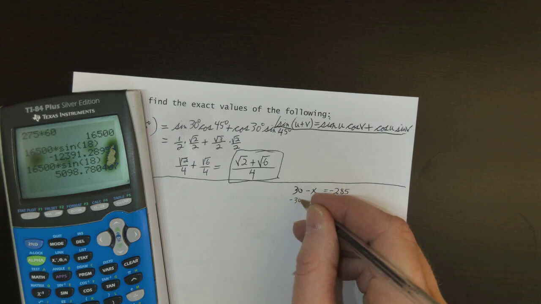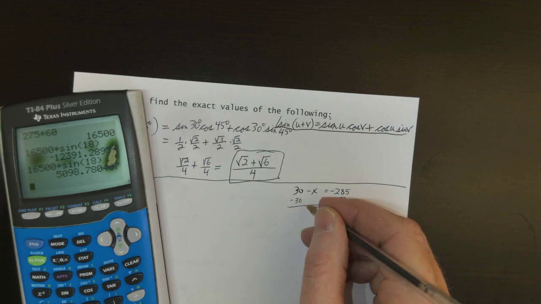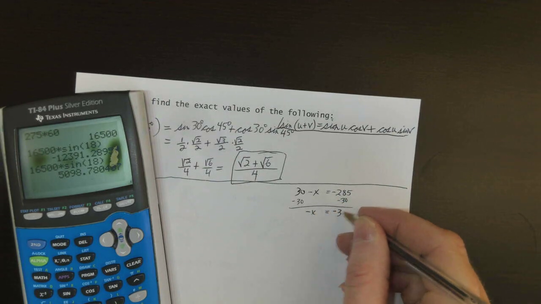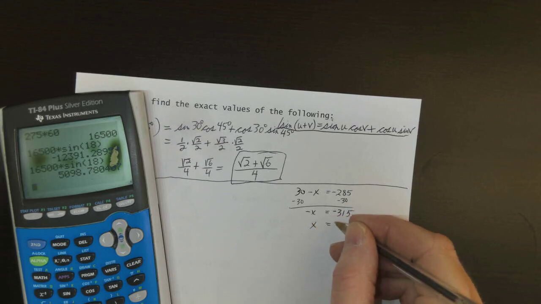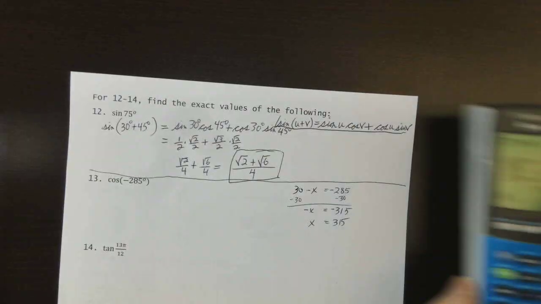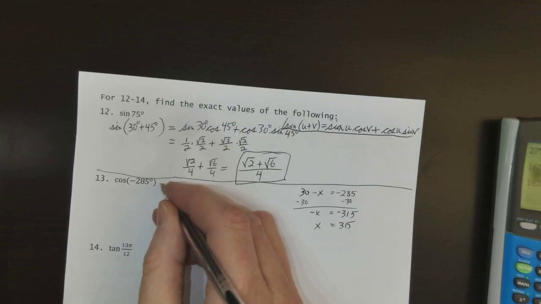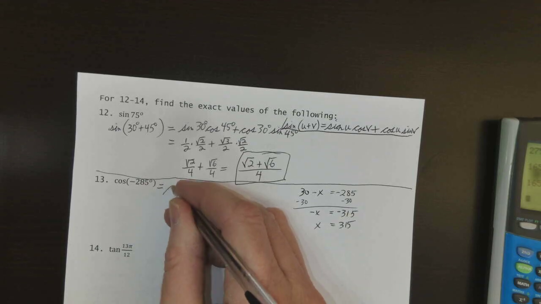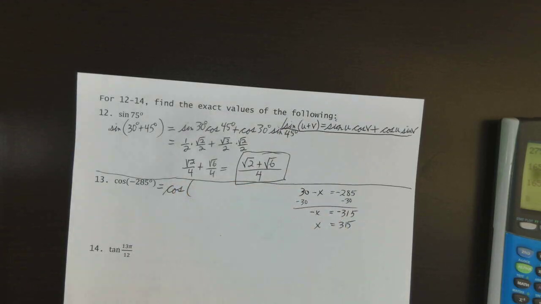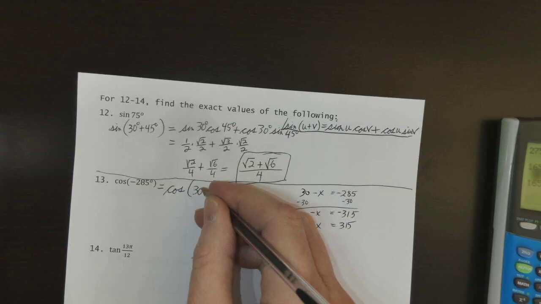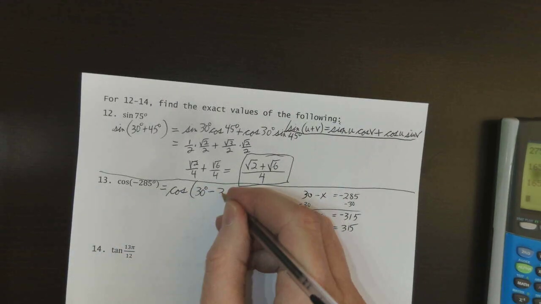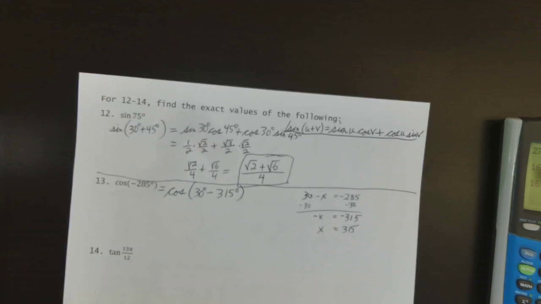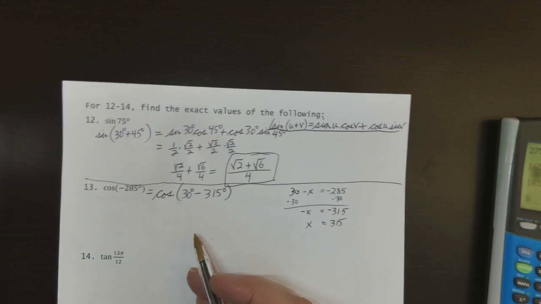So if I subtract 30, I get negative x equals negative 315. 315's on our circle, right? I'm just playing around a little bit, and I'm saying cosine of 30 degrees minus 315 degrees gives me the negative 285 degrees.